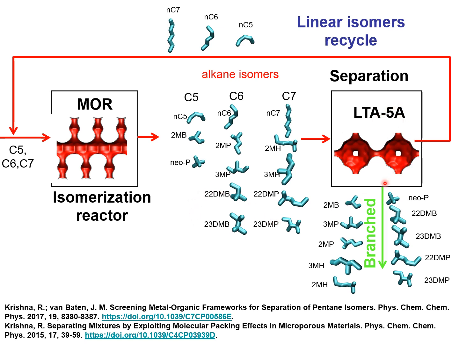LTA 5A zeolite is used in order to separate the linear isomers NC5, NC6, and NC7 that can pass through the narrow windows, typically of diameter 4 angstrom, 5 angstrom, and the bulkier monobranched and di-branched isomers are unable to hop from one cage to the adjacent cage, and they are recovered in the raffinate phase.